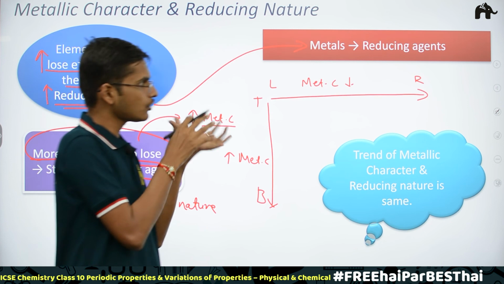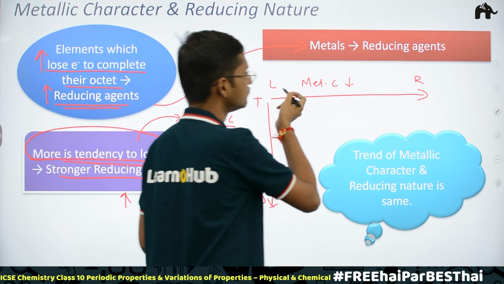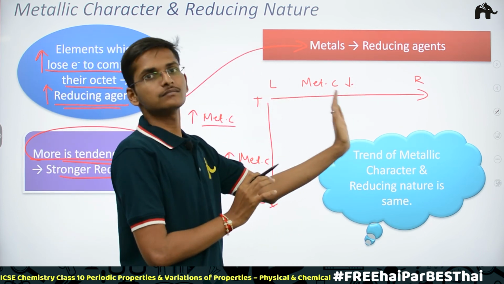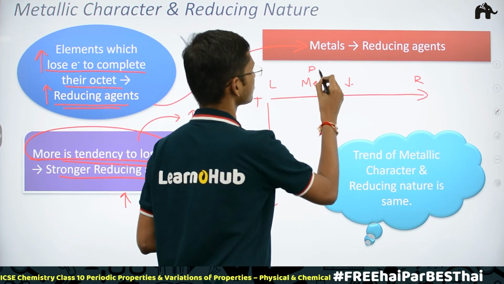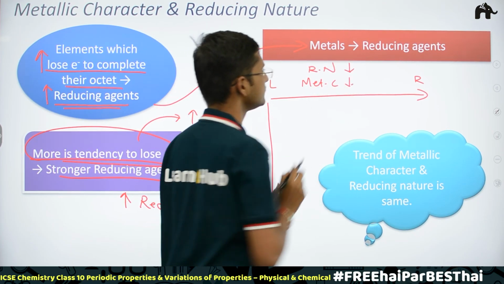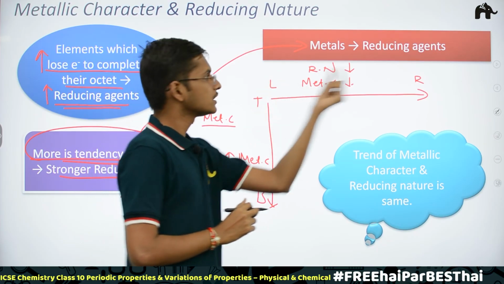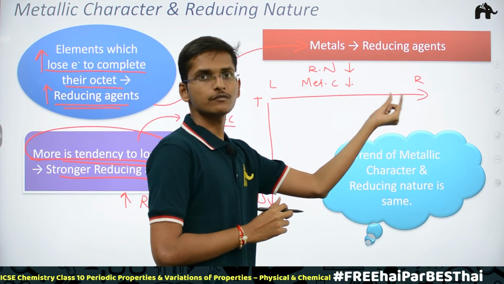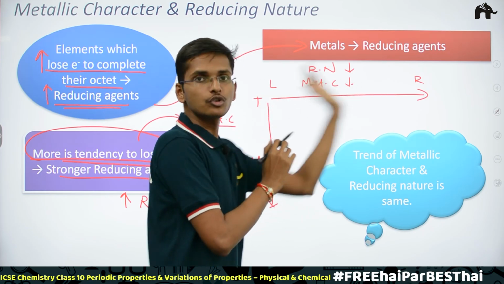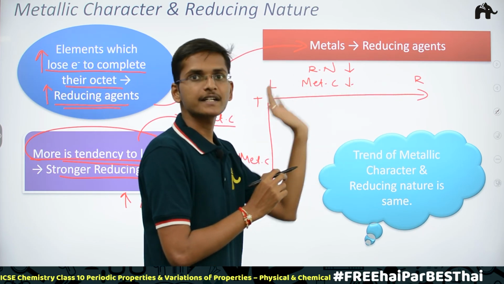So we can infer that when we move from left to right, reducing nature, Rn, will decrease. Here the metallic character is more, so reducing nature would be more. Here the metallic character is less, so reducing nature will be less. So from more to less we are moving. That's why we say metallic character is decreasing.